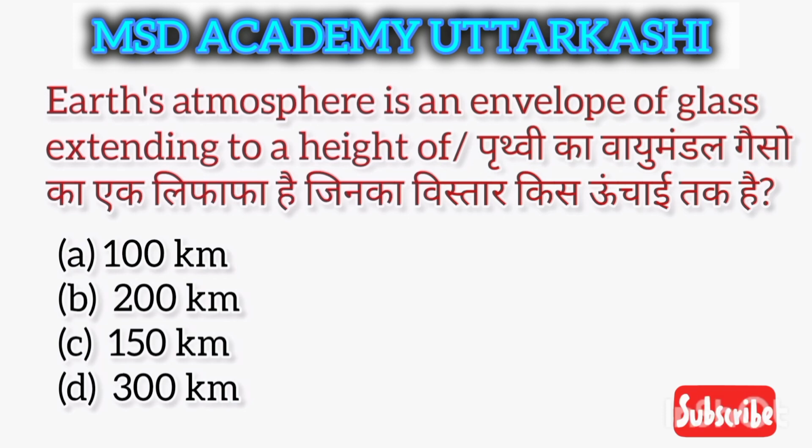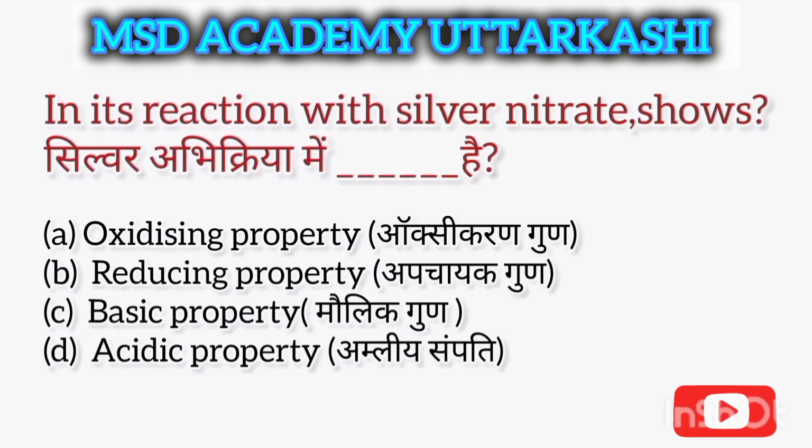So the correct answer is option B 200 km. Next question. In its reaction with silver nitrate shows option A oxidizing property, option B reducing property, option C basic property, option D acidic property. So the correct answer is option A oxidizing property.